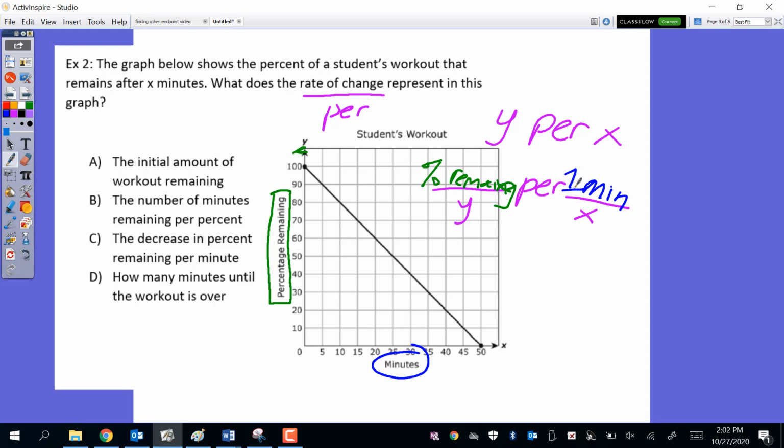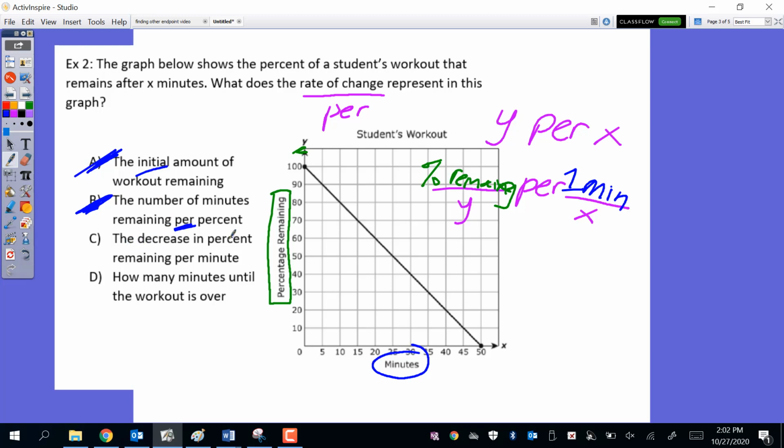Okay. So is the answer going to say exactly this? Probably not, but it's going to be close to that. So letter A says the initial amount of workout remaining. That is not talking about percent remaining per minute, so definitely not A. The number of minutes remaining per percent, well, it does say per, but it didn't say percent per minute, so it's not that.